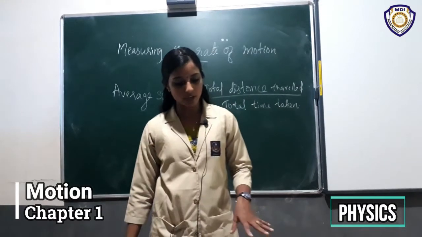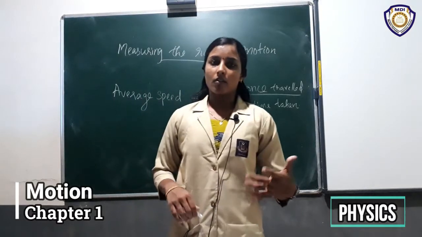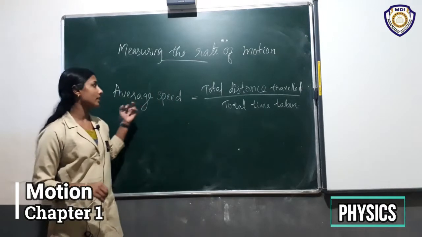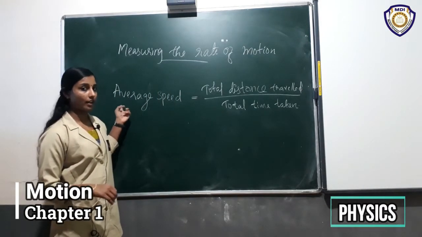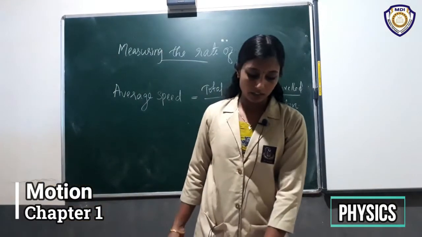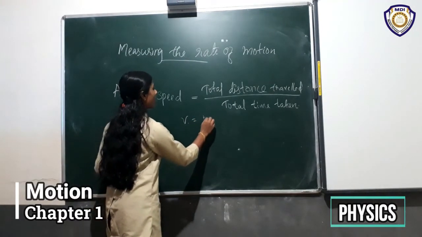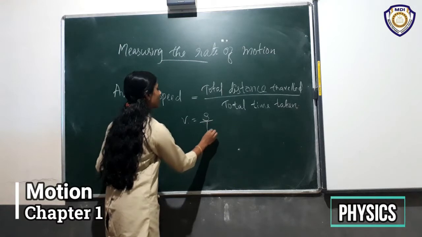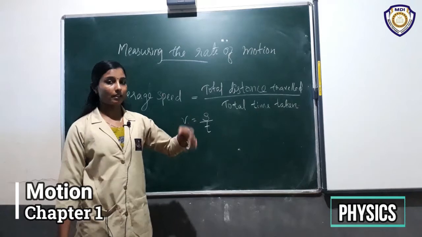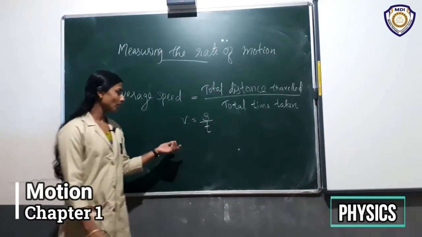This is the average speed of an object. We describe the motion of a non-uniformly moving object in terms of its average speed. Mathematically, V is equal to S by T. You may be confused with this V as velocity. Velocity we will study in the next classes.